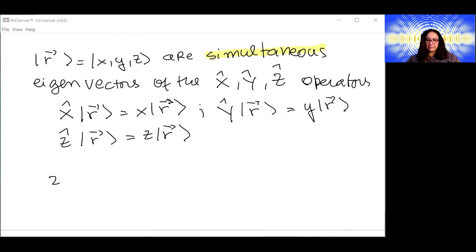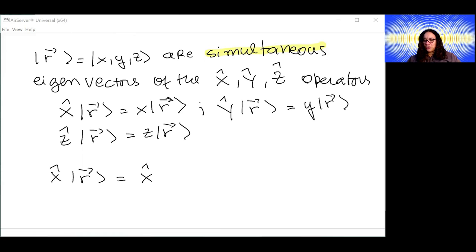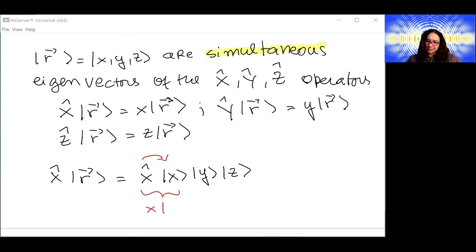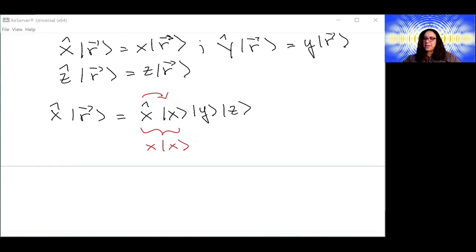So if you write X r, you're going to have X applied to x, and then you're going to have y and z, and we know that X applied to x is x times x. Agree?